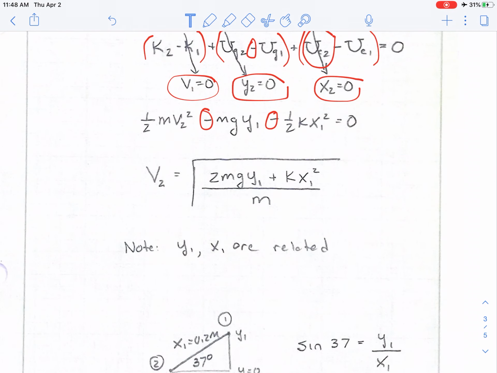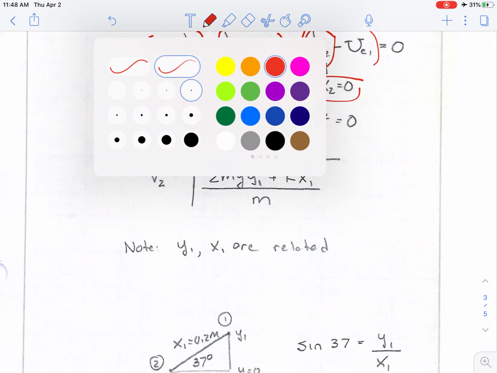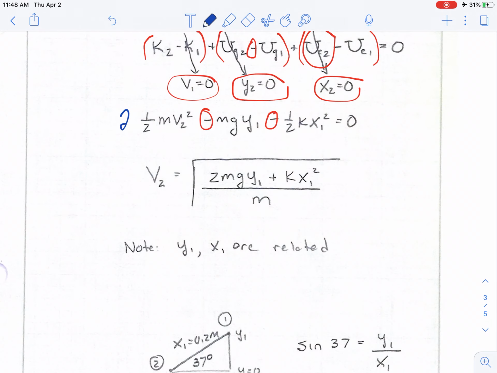So first, let me show that algebra quick. Let's multiply everything by 2. So these 2's are going to go away, right? And you have 2mgy1, as you can see. You can put it on the other side. It becomes positive because it was negative. And then we put that term there, and when you put this term there, you get positive k x1 squared.